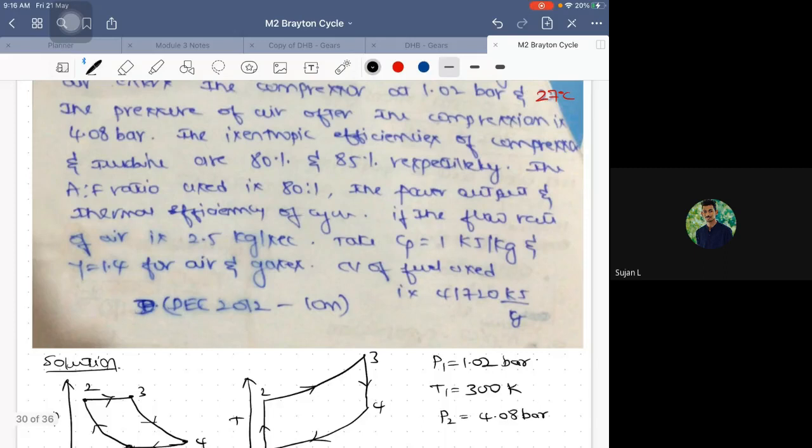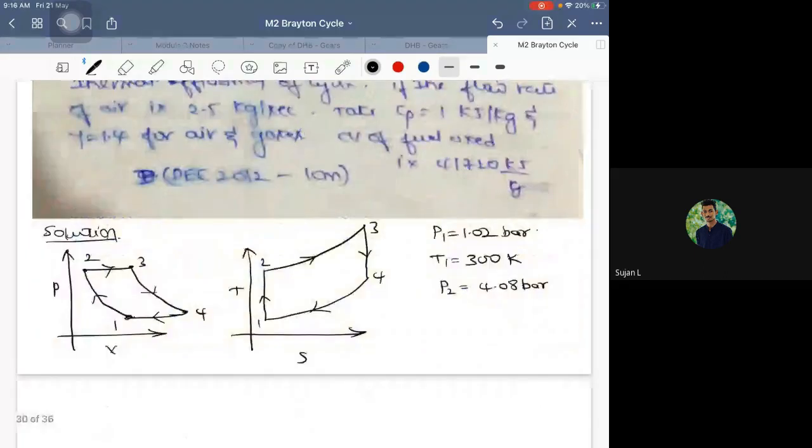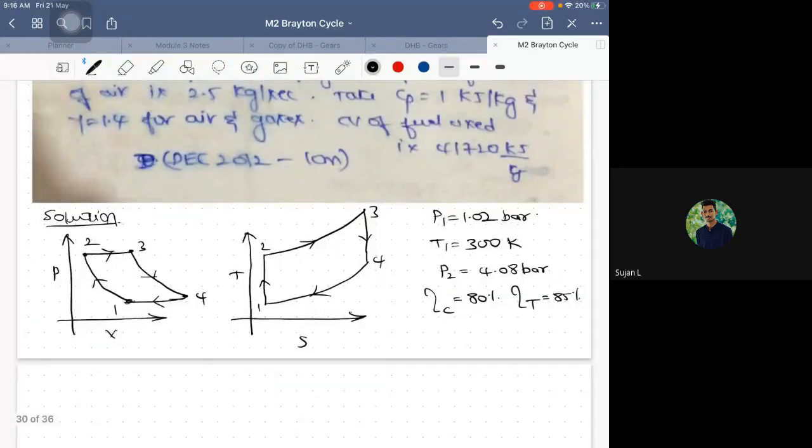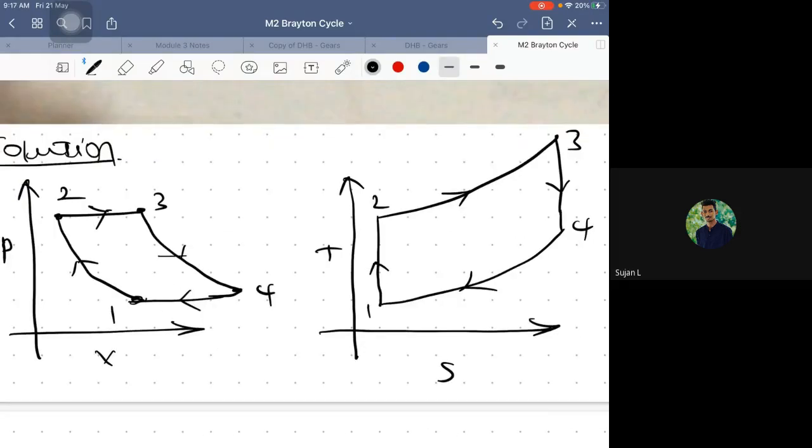The isentropic efficiencies of compressor and turbine are 80 and 85% respectively. So efficiency of compressor is 80% and efficiency of turbine is 85%. If efficiencies are given, what should I do in my PV diagram? I have to draw a deviated path to meet at another point, 2 dash.